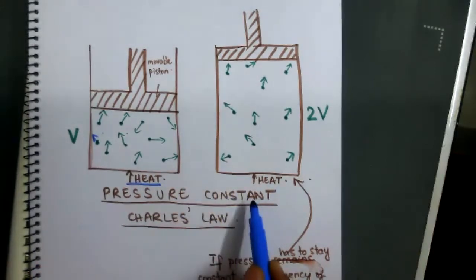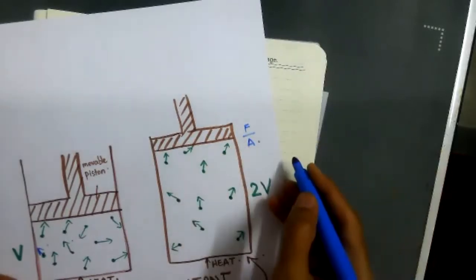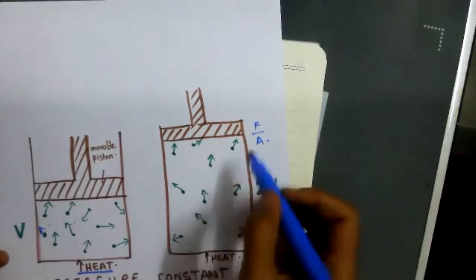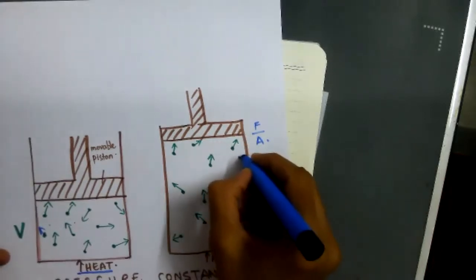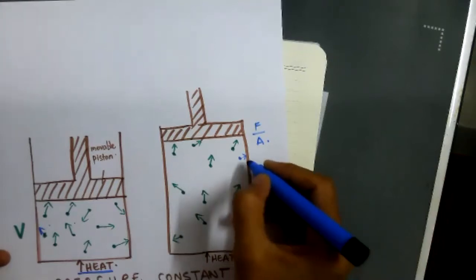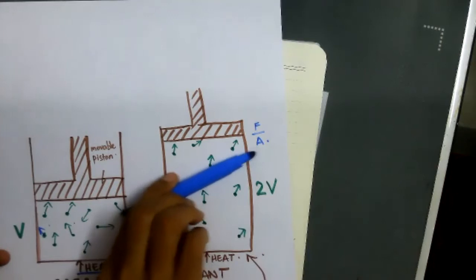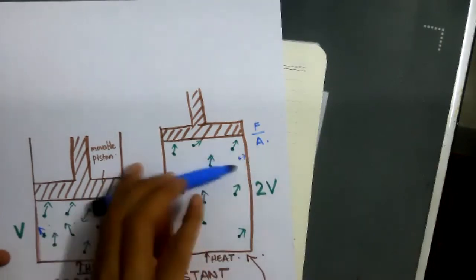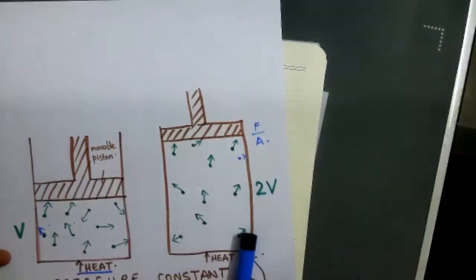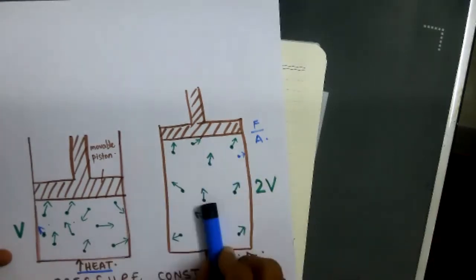Now what is pressure? Pressure is force per unit area, meaning that when the particles collide against the wall, they exert a pressure, they exert force, right? When the particles collide against the walls, they exert force. Now that force per unit area is the pressure exerted by the gas on the walls of these containers.